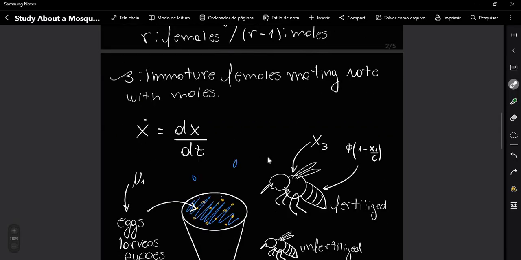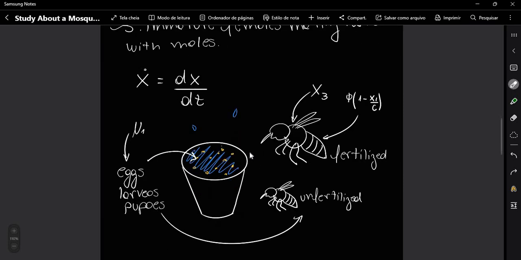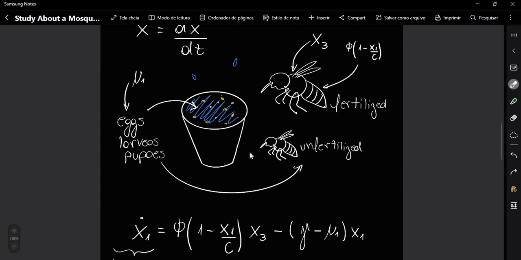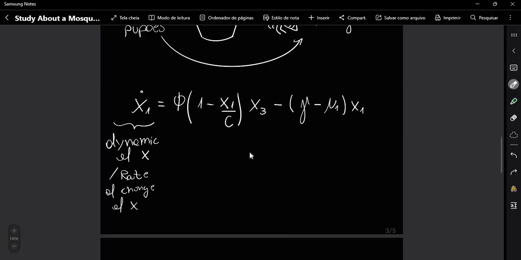We got beta, again another rate, which represents the mature females' mating rate with males. Okay, so we already started to write the system of equations.